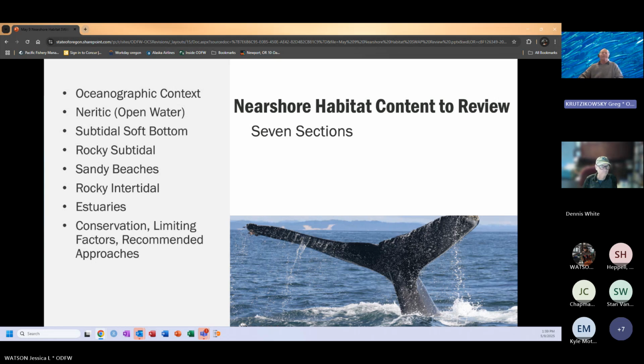And so we break it down into the neritic or the open water portion, the subtidal soft bottom portion, the rocky subtidal portion, sandy beaches, and the rocky intertidal and estuaries. And then we have added the conservation overview, limiting factors, and recommended approaches. We've done that as part of the integration process. That's the way that the other key habitat sections have it, and so we wanted to do that in the same way. So next slide, please.